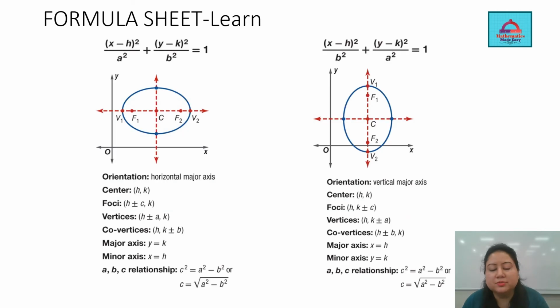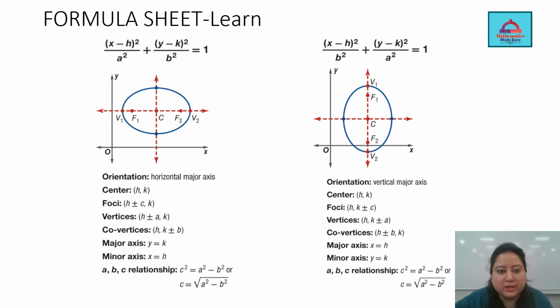So now this is a formula sheet that all of you need to learn. I'm not going to read it out that much because I hope now it is quite clear. This is taken from your math book. You need to learn it very, very well. Here, just remember, this is the basic standard form of the two forms of horizontal and vertical ellipses.